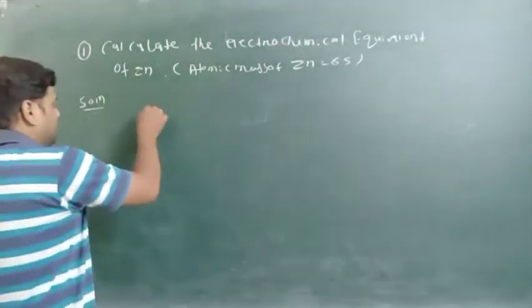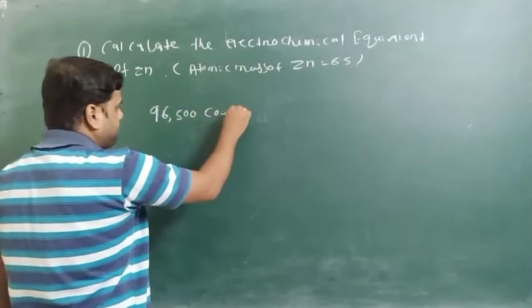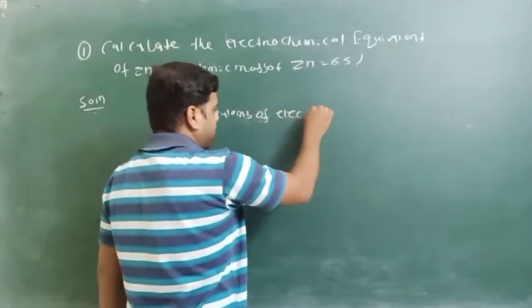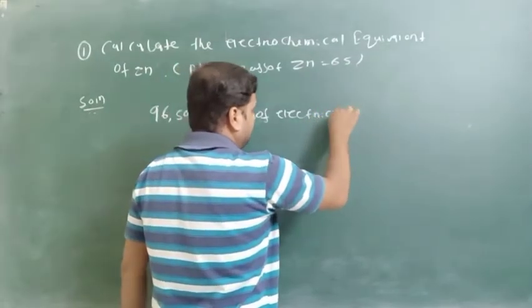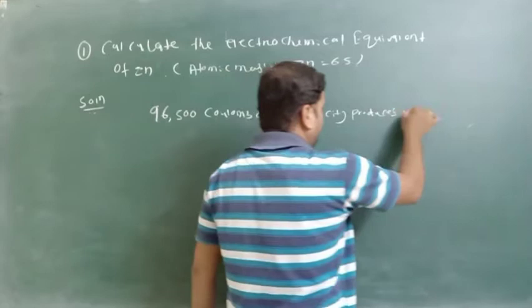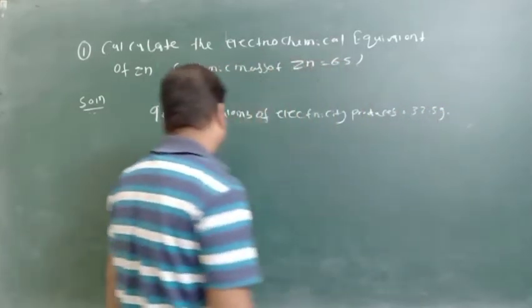So we know that 96,500 coulomb of electricity produces 32.5 gram equivalent of substance.